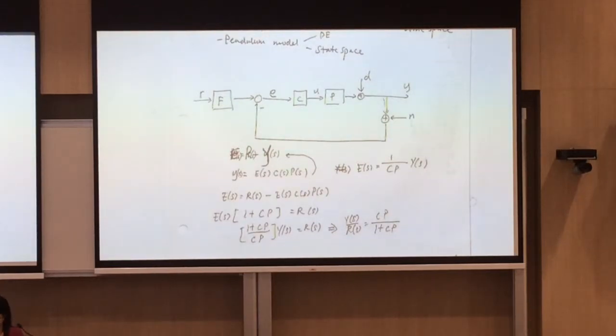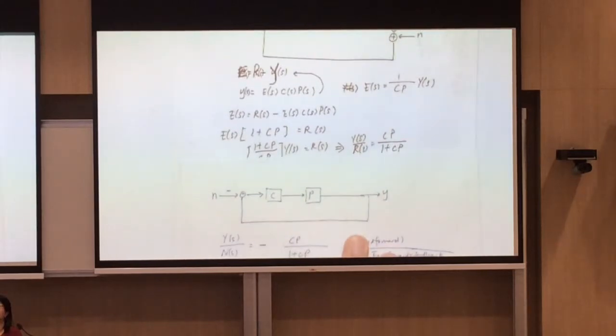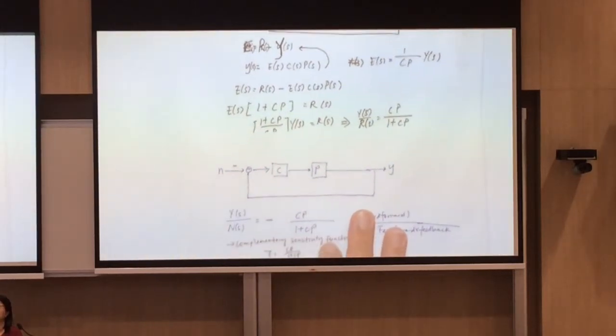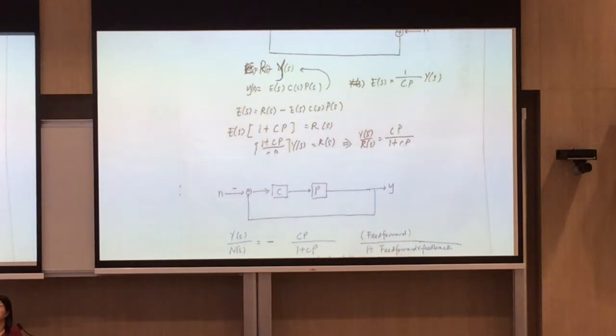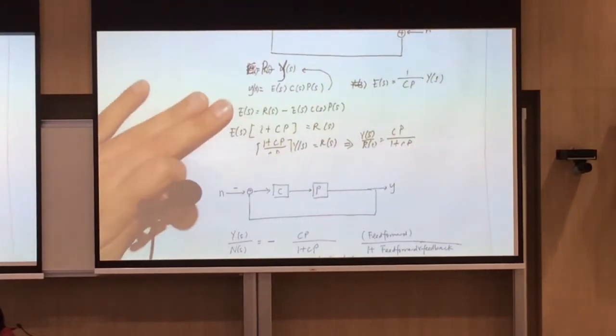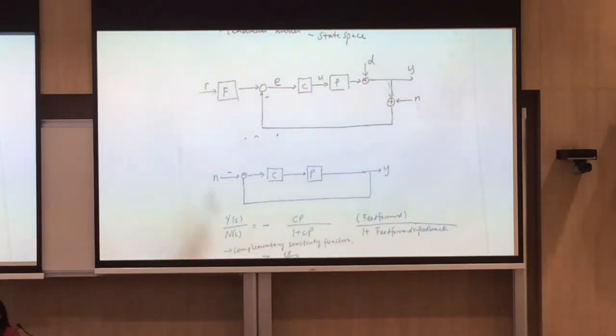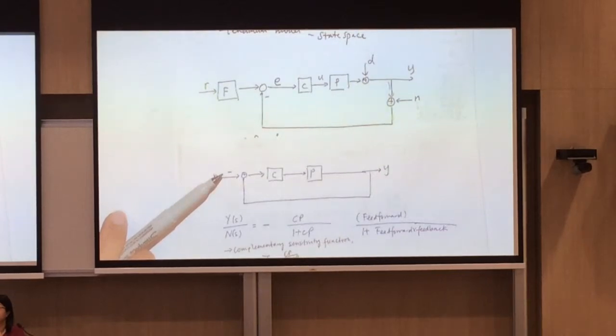So basically what I'm asking for is this. Alright, we draw the block diagram. Input is N, output is Y. Okay? The first N, there's a minus sign here, right? So there should be a minus sign here. Okay?